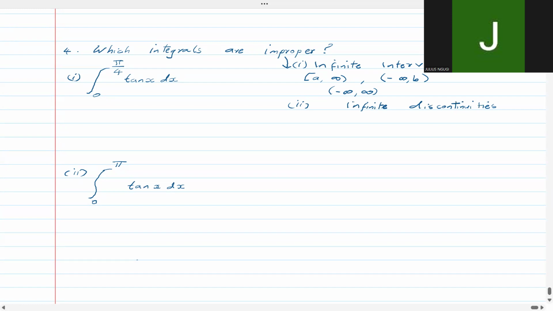Or unbounded intervals. So the first one is from 0 to pi over 4 tan of x with respect to x. So when we draw a function of tan, this function will be continuous from 0 to pi over 4. So this one is proper.